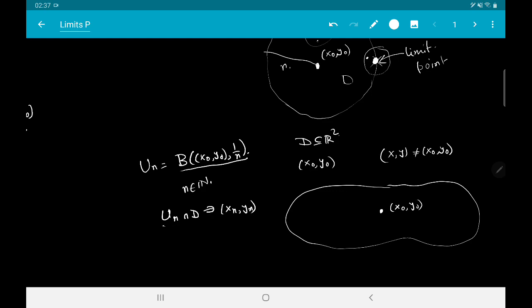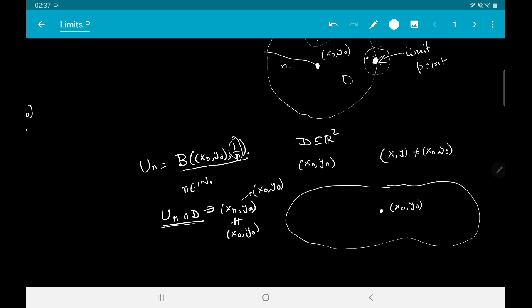So (xn, yn) belongs to this intersection, but (xn, yn) is not equal to (x0, y0). Since I have taken this open disk to be of radius 1/n, you can easily check that this sequence, produced by varying n over the natural numbers, (xn, yn) converges to (x0, y0).